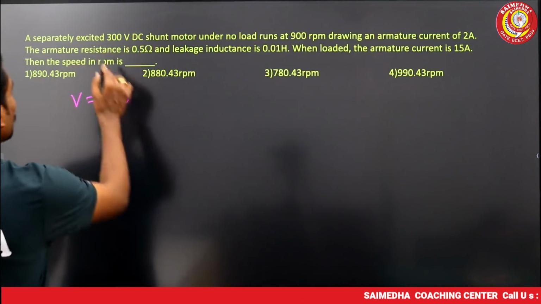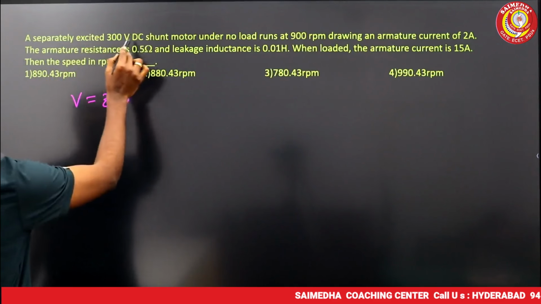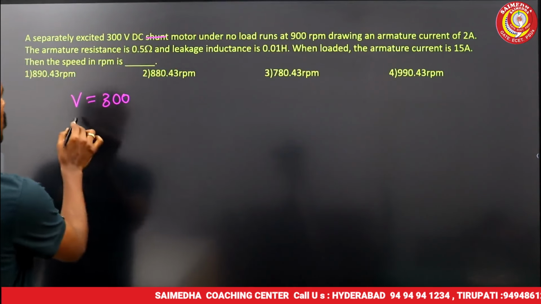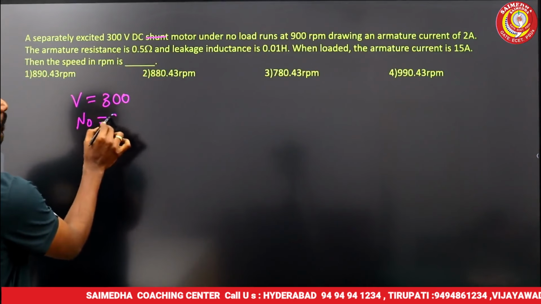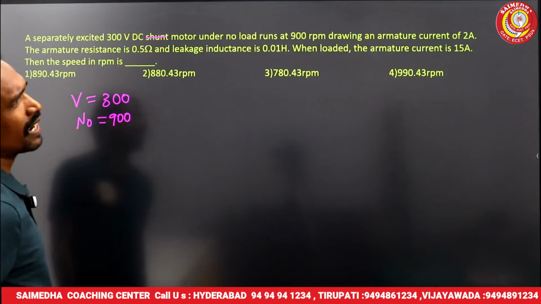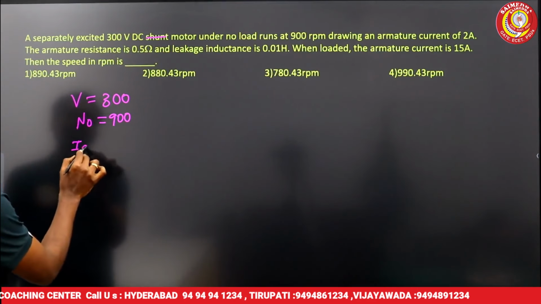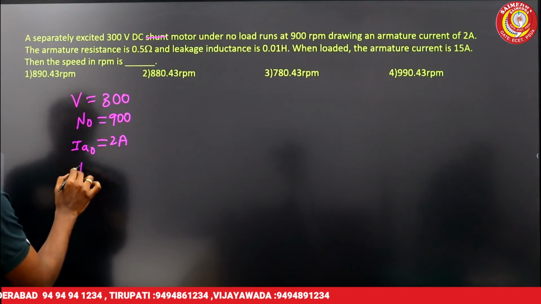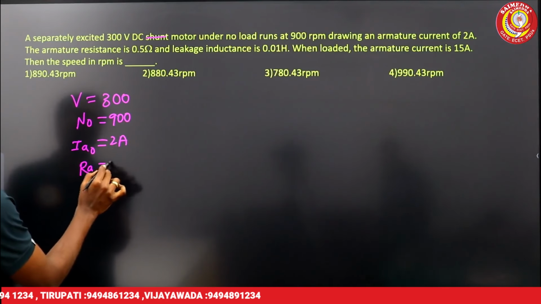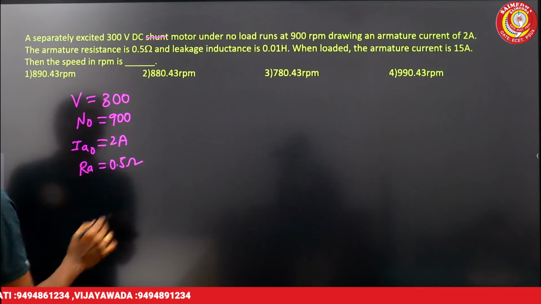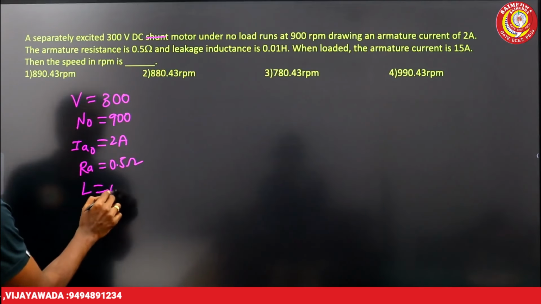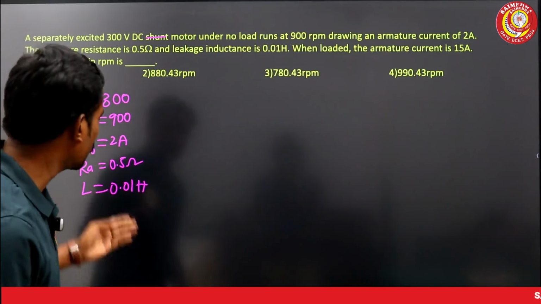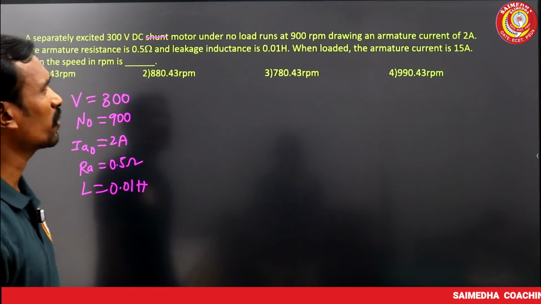Under no load condition it is rotating at 900 RPM, drawing an armature current of 2 amperes, with armature resistance of 0.5 ohms and leakage inductance of 0.01 henries. Sir, why have they given this one? Even I don't know.